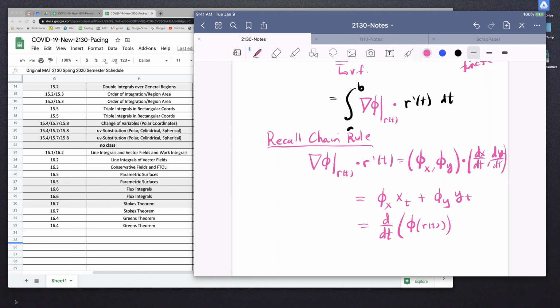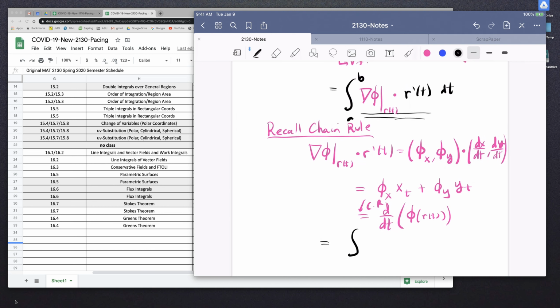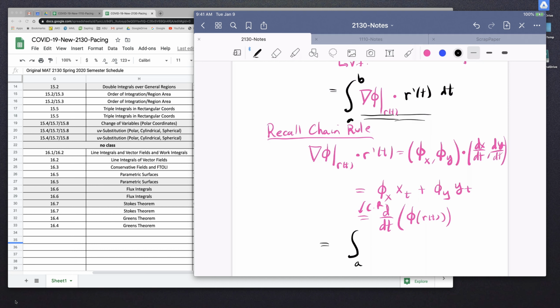So this is from the chain rule, and we can now make a substitution for this dot product: it is the integral from a to b of the derivative of this function phi evaluated along the curve, dt.